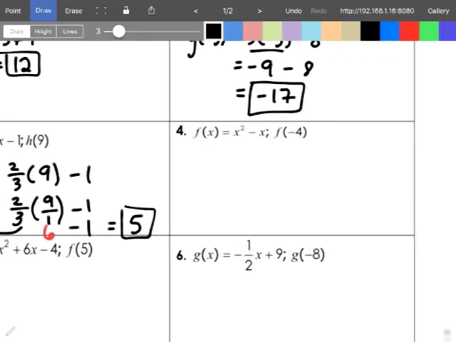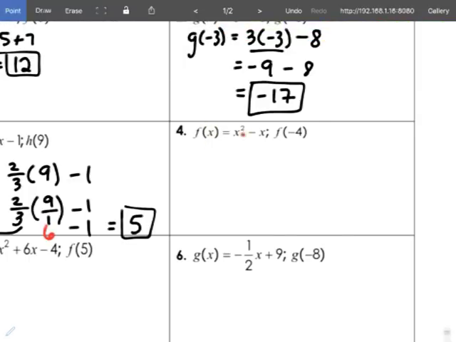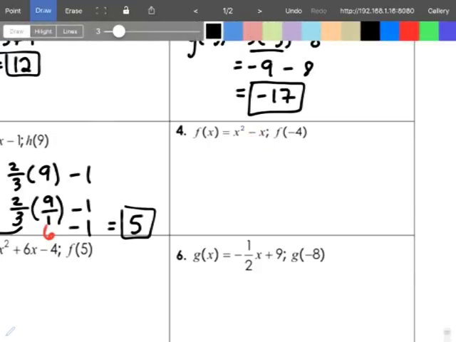Okay, now we're going to do some squared. So notice there's 3 x's in this one. F of x, right? But then there's an x squared and then there's a minus x. So we're going to plug in this negative 4 everywhere we see x. So f of negative 4 equals, now when I plug something into x squared, always do parentheses. It's negative 4 and that whole thing is being squared. Negative 4 squared minus, again, that minus right here is part of the equation, right?